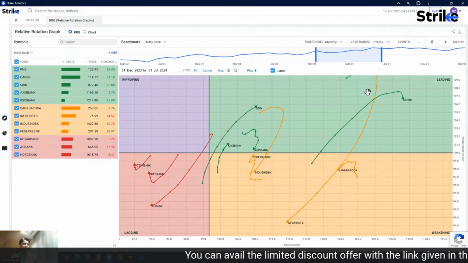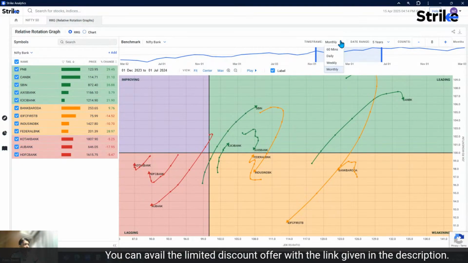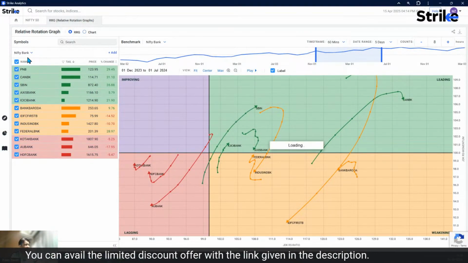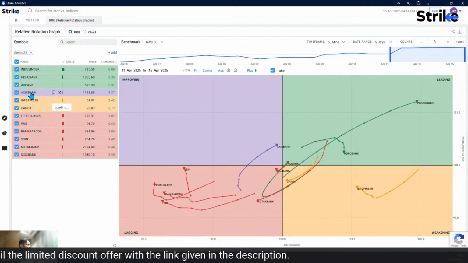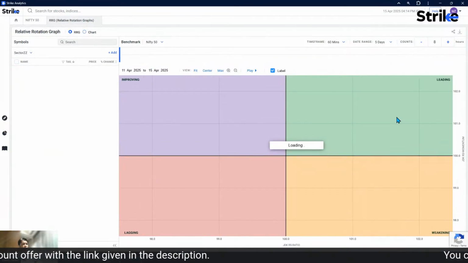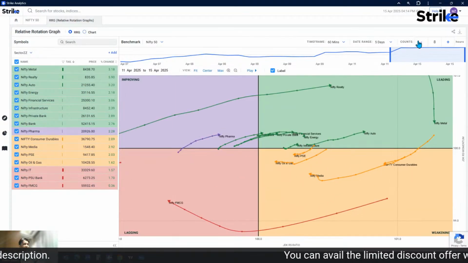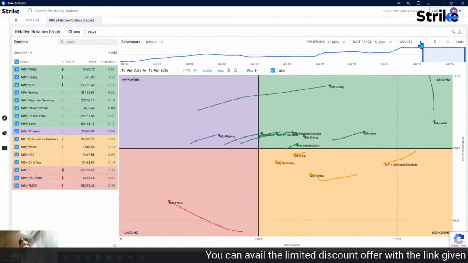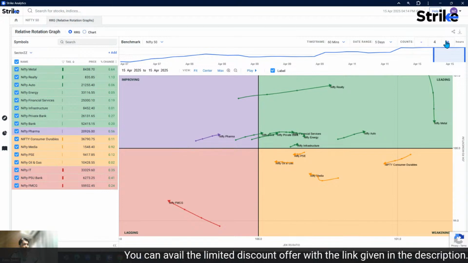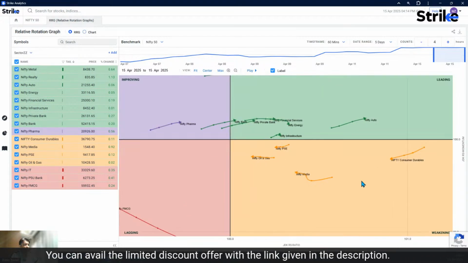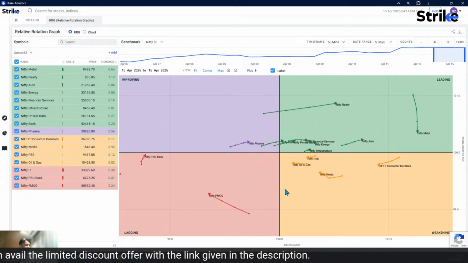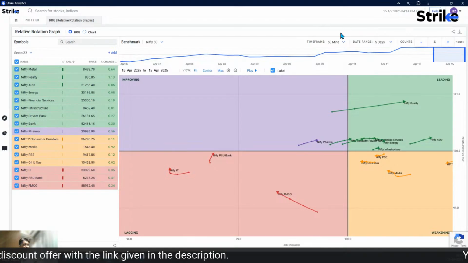And the same thing if you are a trader, you can very well go to the 60-minute time frame chart as well, and on the 60-minute time frame chart, you can do your analysis and see which counter is changing the quadrant. So yeah, here you go. 60 minutes is very short term.